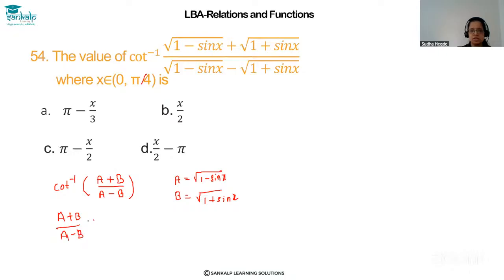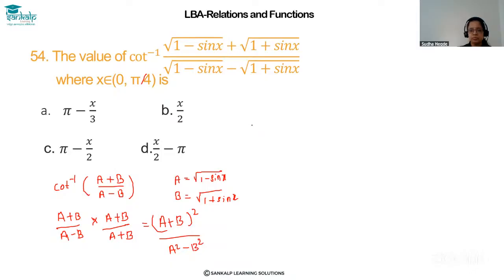Let us rationalize it since we have square root. So denominator and numerator you should multiply by A plus B. Normal rationalization. So numerator is A plus B whole square. Denominator is A square minus B square.